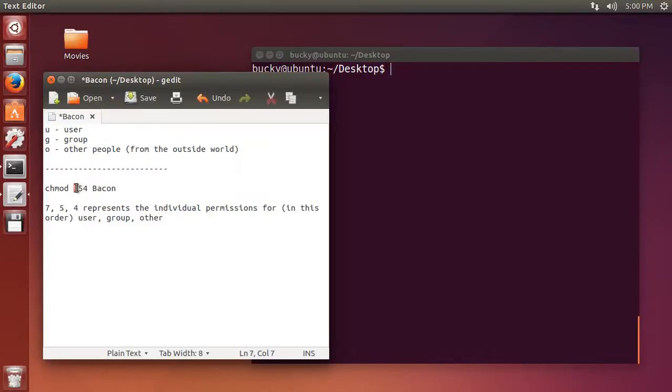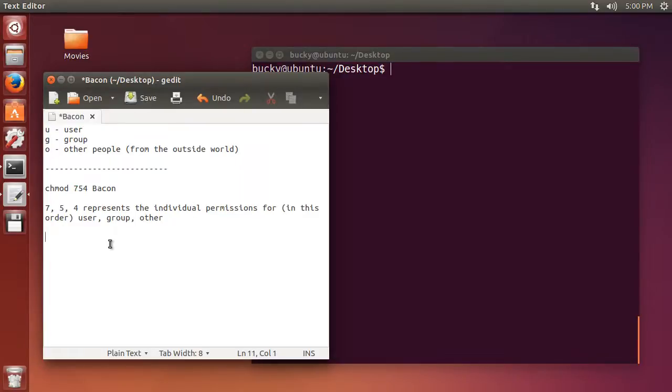So this first number right here is for the user, the second one is for the group, and the third one is for other. So, just kind of the way that you would think of it. Alright, that was easy enough. So we're giving 7 to the user, 5 to the group, 4 to the other.